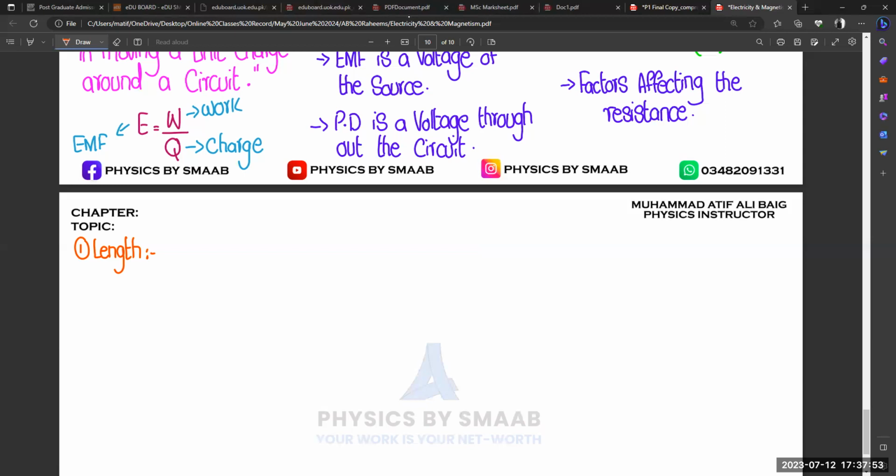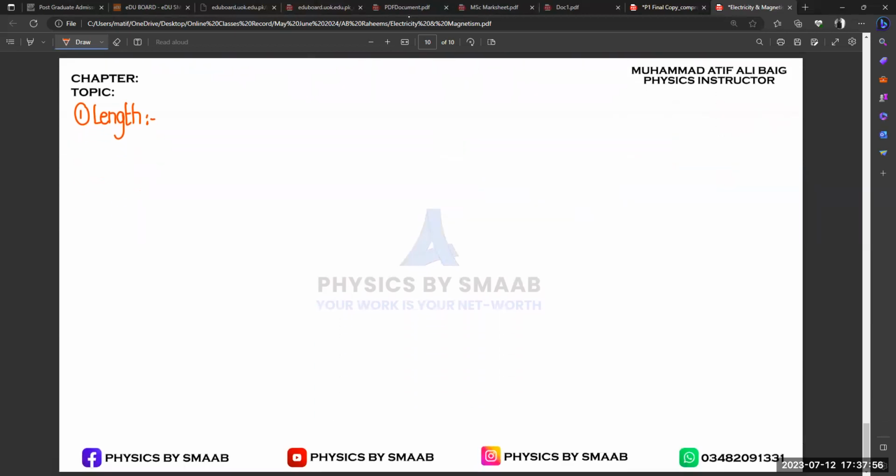So that is the reason, that is the factor of length. It means that if you increase the length, that will increase the resistance, right? Because charges have to move a long path and it will take time, and they will also find much more hindrance as compared to the original state.